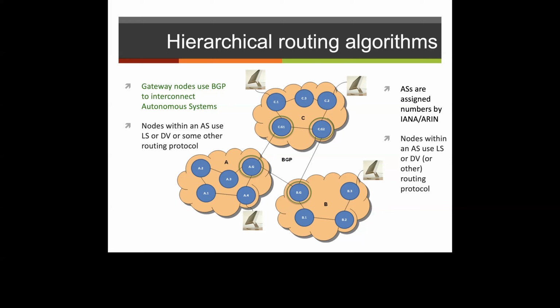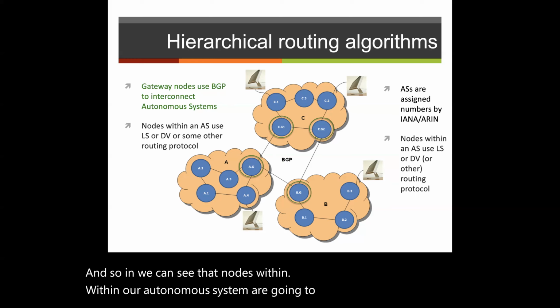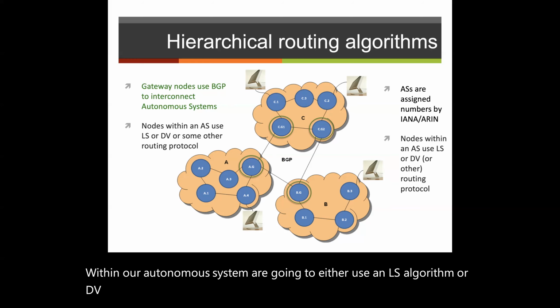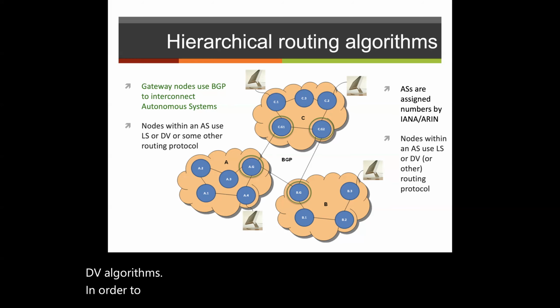And so in this, we can see that nodes within our autonomous system are going to either use an LS algorithm or DV algorithms, or some other routing protocol can be utilized in order to transfer our messages.